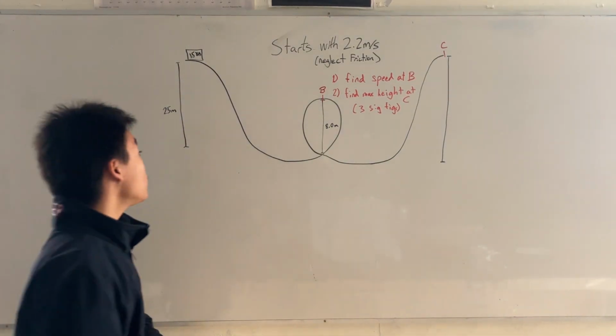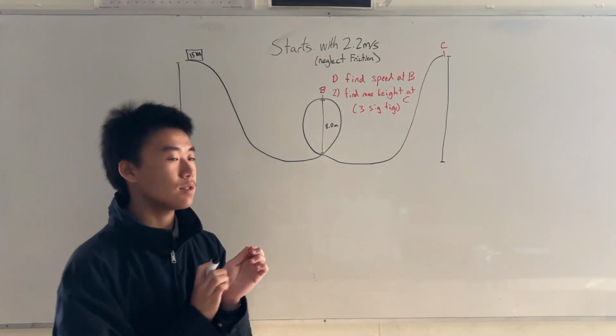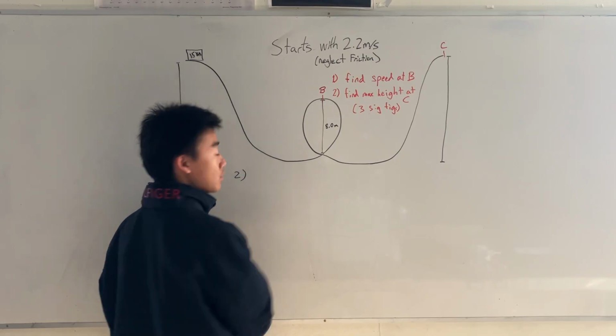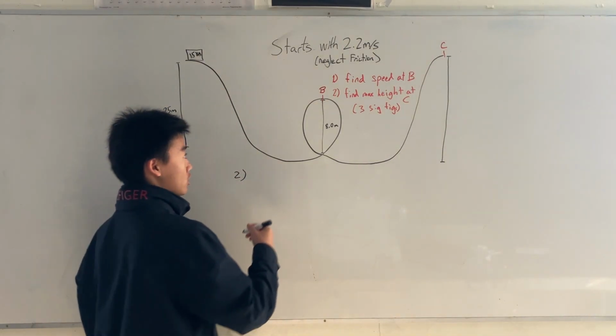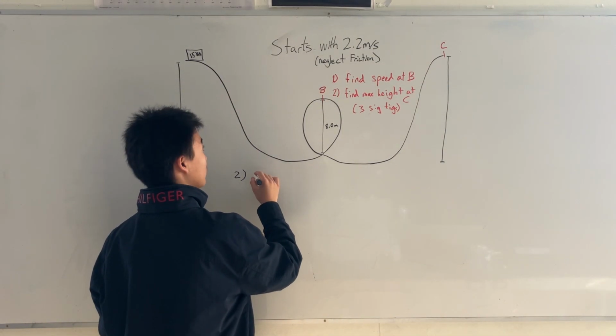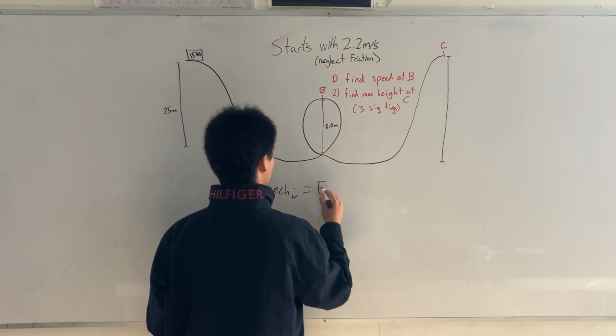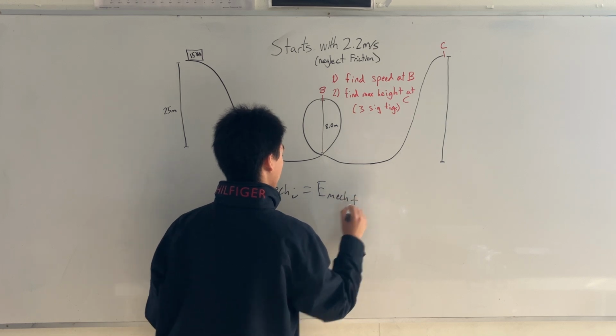So for part 2, it says find the maximum height at C. Once again, let's mark this as part 2. Once again, we can set up our law of energy conservation. So it's E mechanical initial equals E mechanical final.